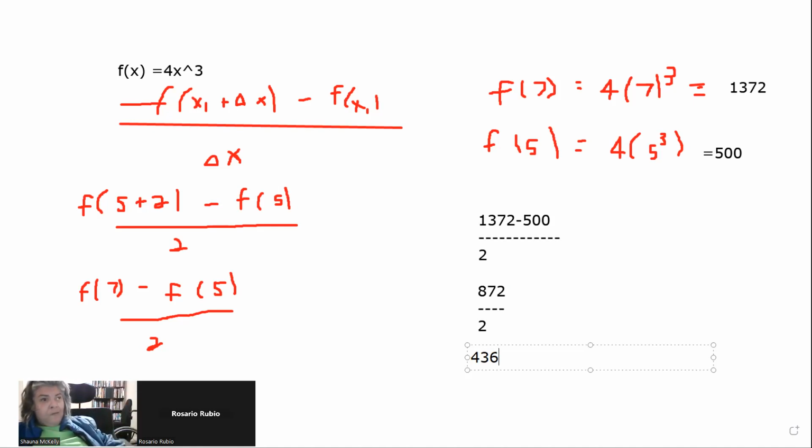You put in 4 times x plus delta x to the 3rd, expand it all out, subtract 4x to the 3rd, factor all the delta x's, cancel, and then combine everything and find the limit. All right. But because they gave you the numbers here, you didn't have to do any of that. It's heading there. But this is just a warm up to that.